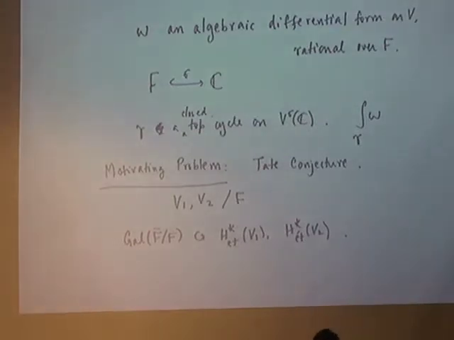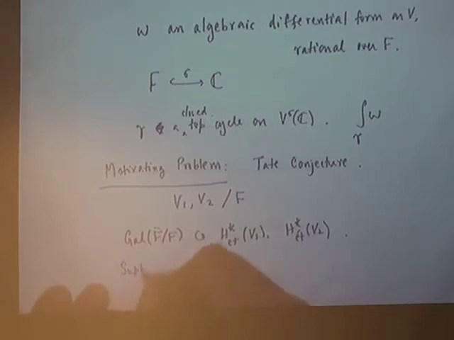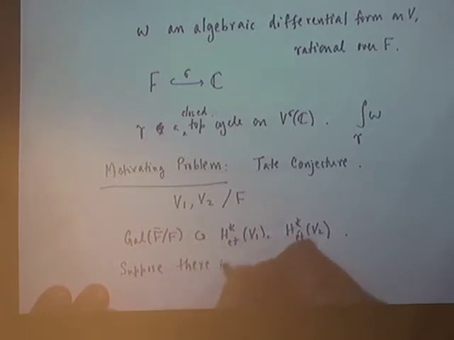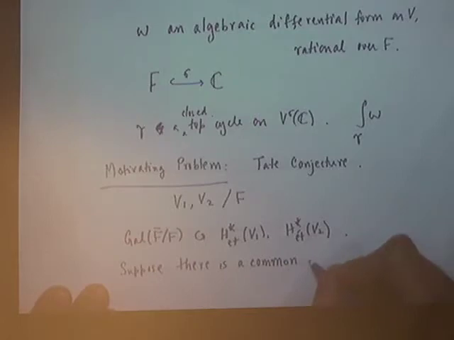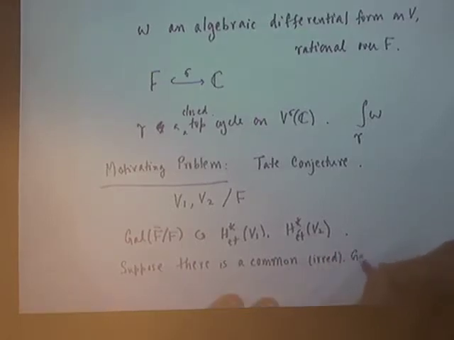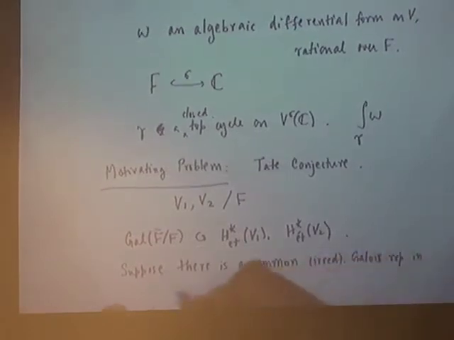And suppose you are in a situation where these two different spaces of Galois representations have a common irreducible Galois representation. So suppose there is a common, say, irreducible Galois representation in these two spaces.